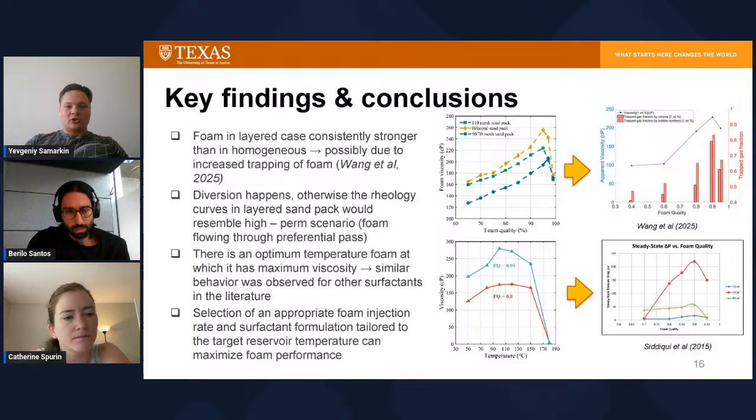And also we observed that there is some optimum temperature for the surfactant that we were using, and that's something other researchers also observed for their surfactants as well.